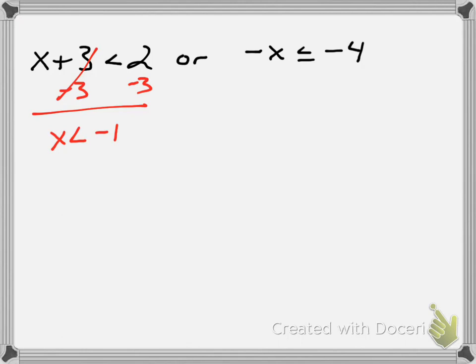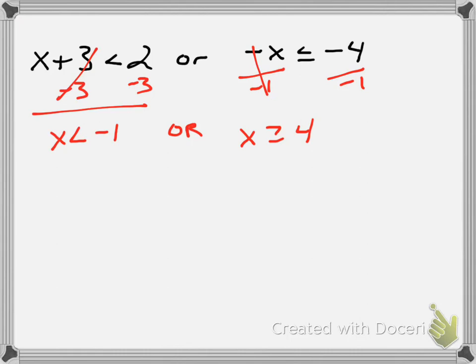And McCabe, tell me something else. X would be greater or equal to 4. Has to be greater than or equal to 4, because when you divide by a negative, we flip the inequality. Good job. Okay.